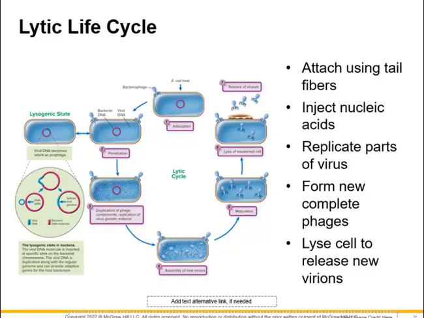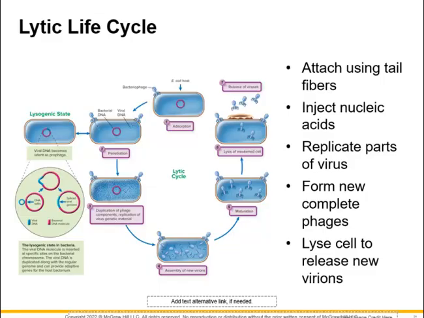So every time this bacterial cell divides, it's going to replicate its DNA. And when it replicates its DNA, it's going to replicate that little section right there, which is the bacteriophage's genome. So that will then be inserted into the new bacterial cell that's produced. And every time the bacteria replicates itself, it's going to replicate that viral genome.